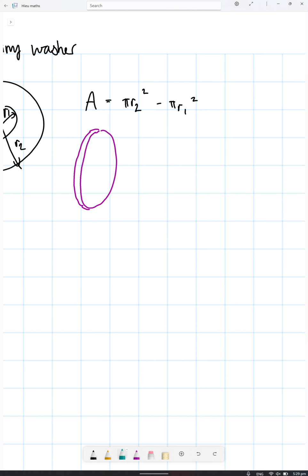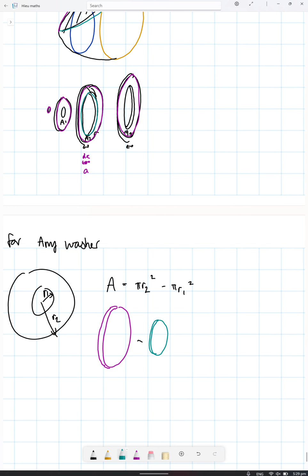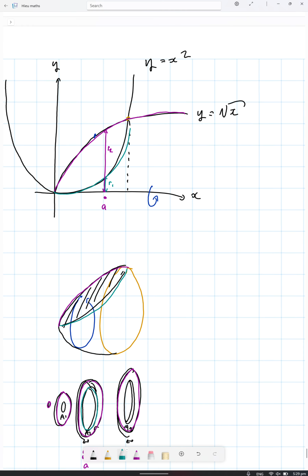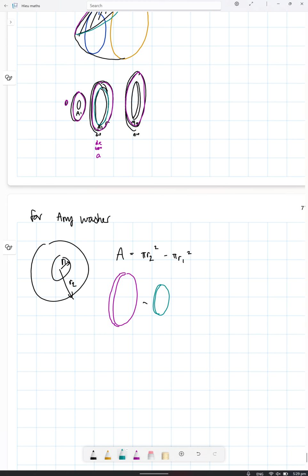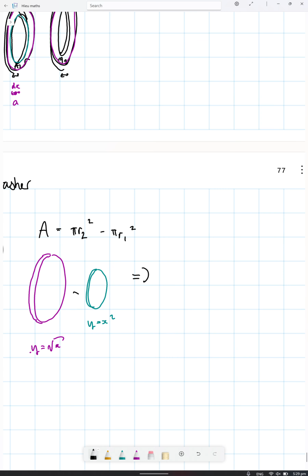And then we minus the smaller cylinder. The larger cylinder here is created by a revolution of y equals root x, and then we minus the revolution of the line y equals x squared. And this together creates the washer that we want at any point.